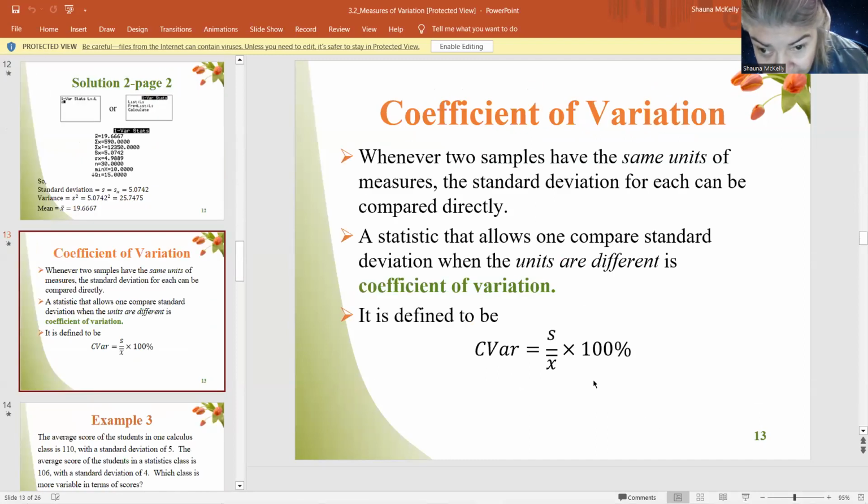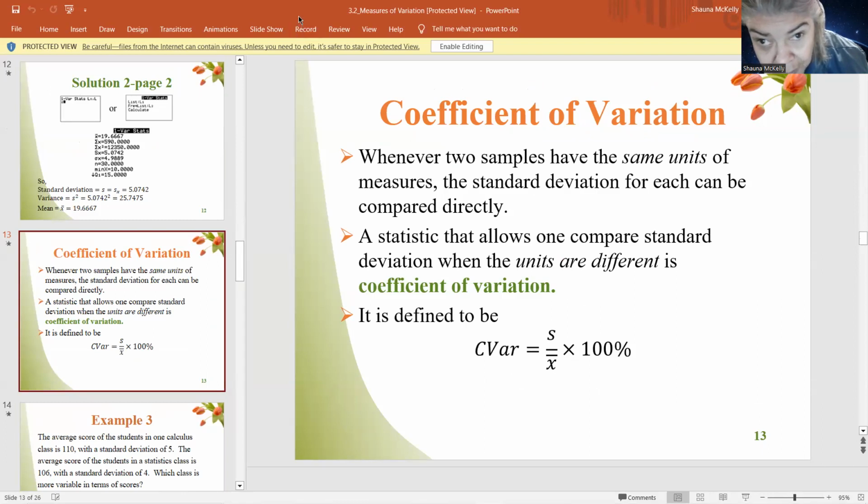In this case, we're comparing factory workers to construction workers in terms of missed work. So we take the standard deviation divided by X bar, the mean, and multiply it by 100%. That's all we have to do. And then we state which one is more variable. So that's slide number 13.